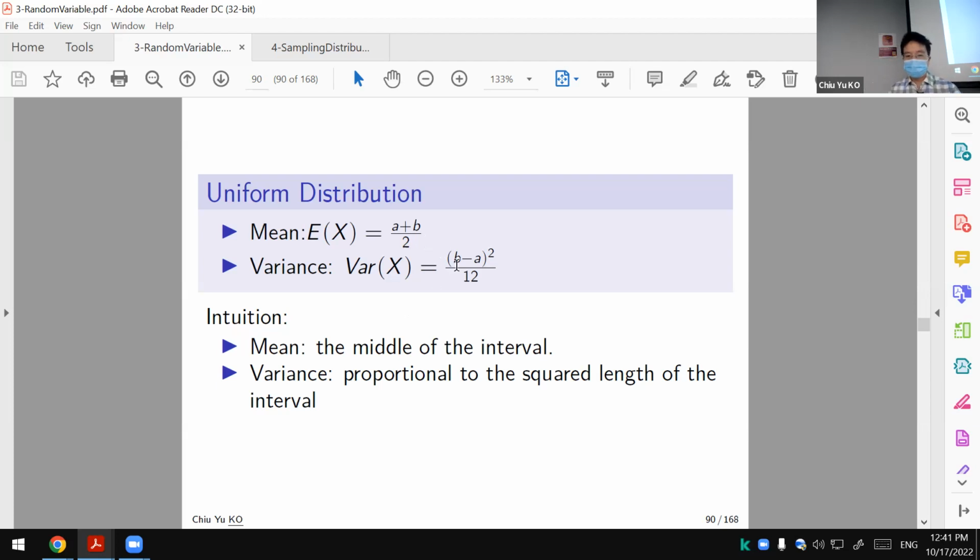And the variance will be related to the square of the distance, and the denominator 12 comes from the formula. You do integration, so I don't have a good intuition for that, but I hope it's clear what we're doing here.